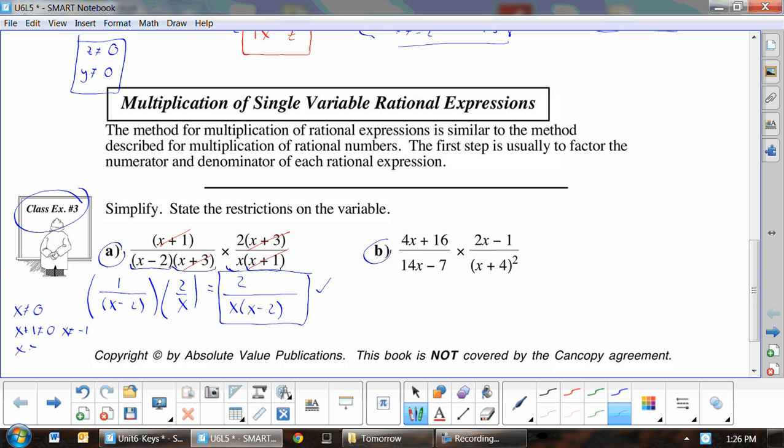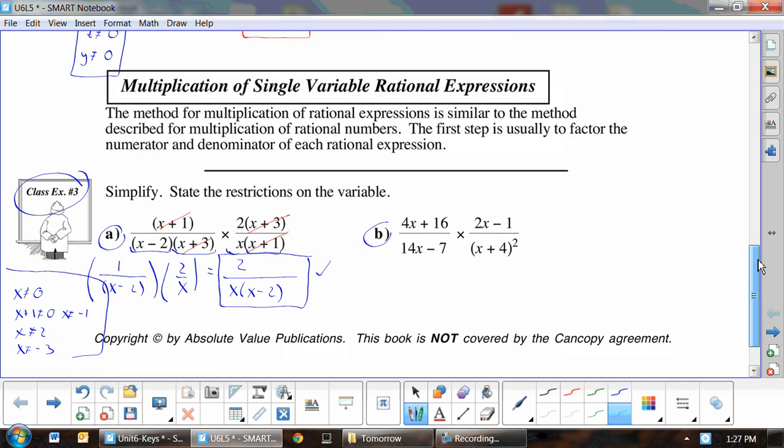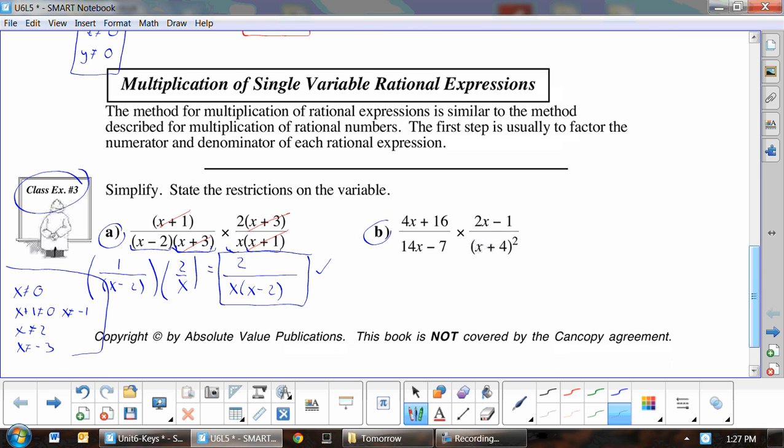X cannot equal +2. And our very last one, Kelsey. Perfect. Good work, team. You got it. Because our factors were, one of them is x plus 3.